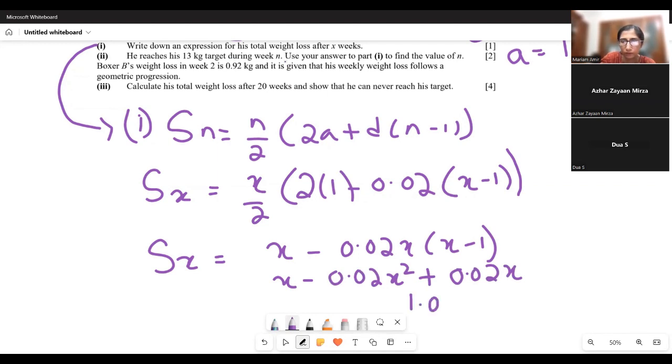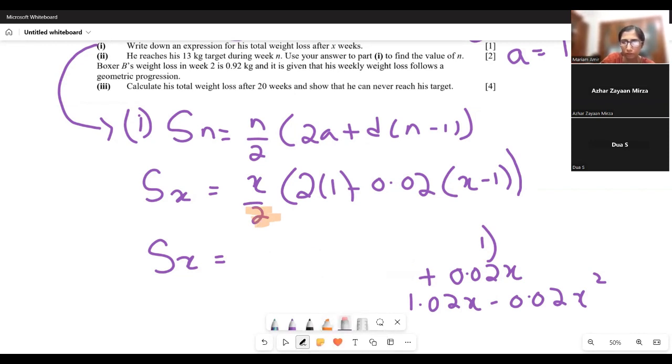So 1.02 x minus 0.02 x squared. Acha nahi, I did not divide this by 2 with the second expression. Let me try fixing that.